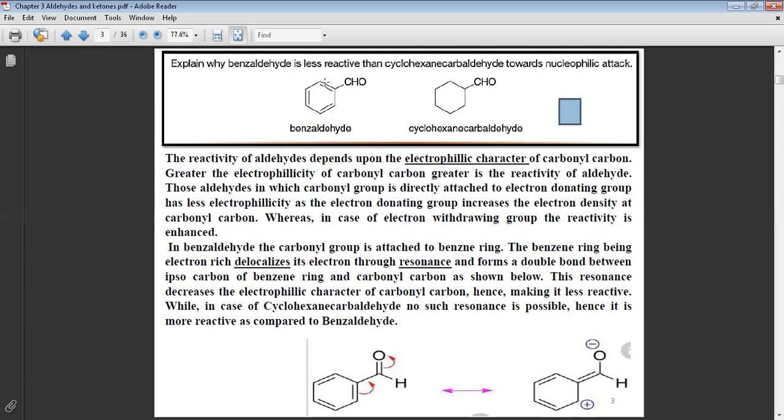As you said, the resonance makes the compound stable. The work of resonance here is to spread the partial charge from the carbon to all of the benzene ring. But here, the partial positive charge has no delocalization. It will stay on the carbon and be ready to be attacked by the nucleophile. Okay, you understand?